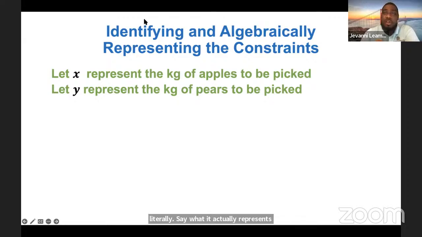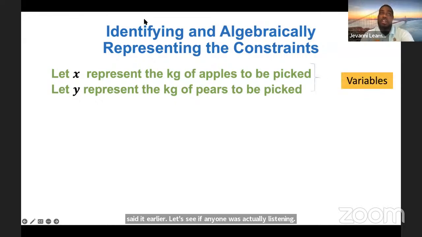So what are these x and y's called? I would have said it earlier. Let's see if anyone was actually listening. X, y, what are those? Variables. All right. Now we have some constraints based on the question, the activity we would have seen.